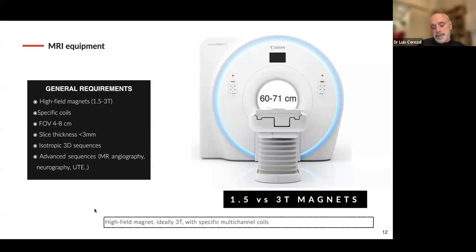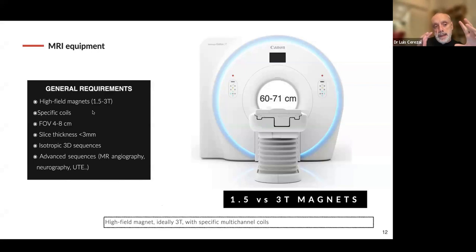The study of the wrist is the most challenging of musculoskeletal imaging, because we have the most complex structures, and for that we need a special high resolution and specific wrist coils.